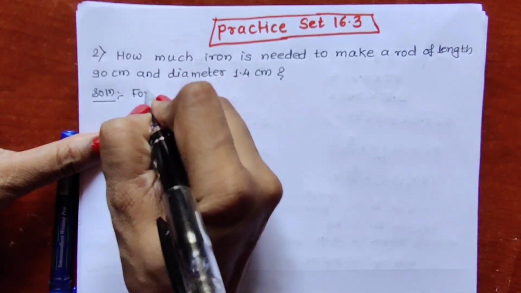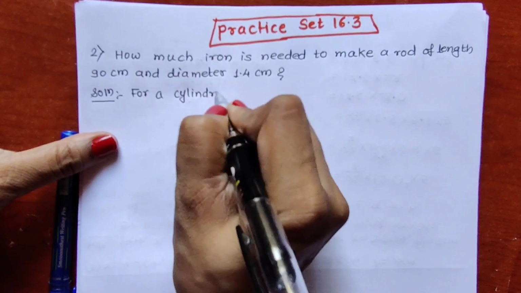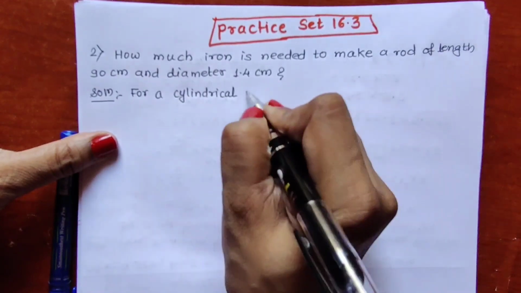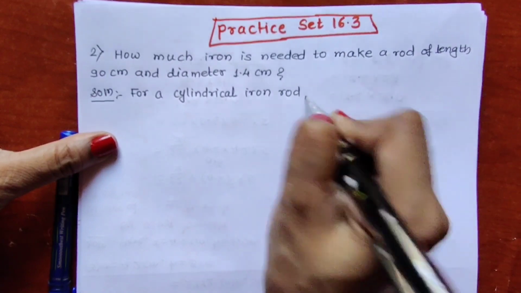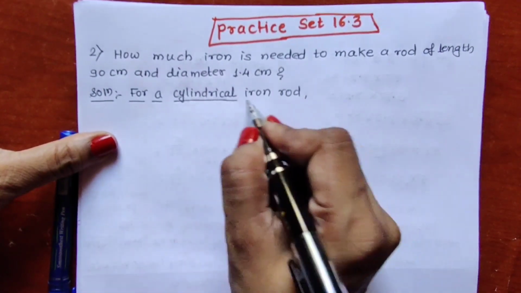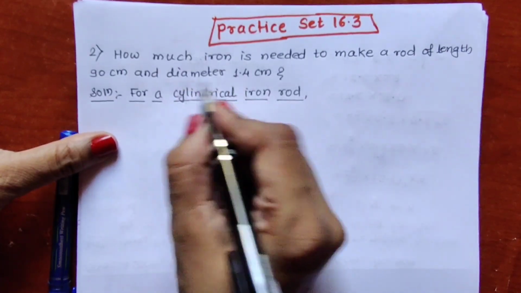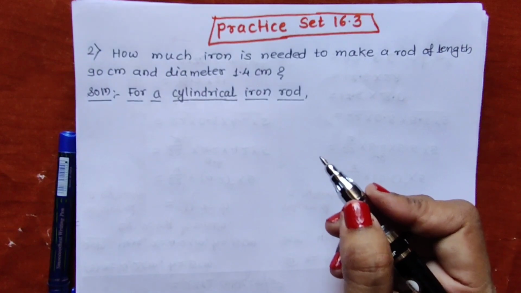For a cylindrical iron rod. Okay, we should write the shape, cylindrical, here, because we know it is cylindrical in shape because the diameter is given. So whenever the diameter is given, it is cylindrical in shape because a diameter is there only in the circle.